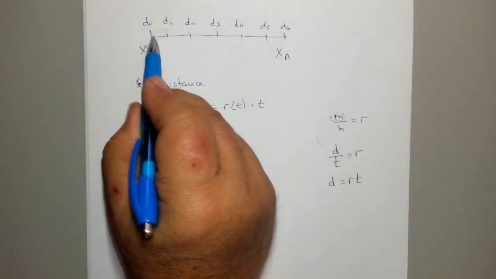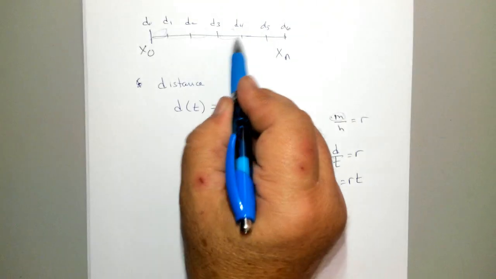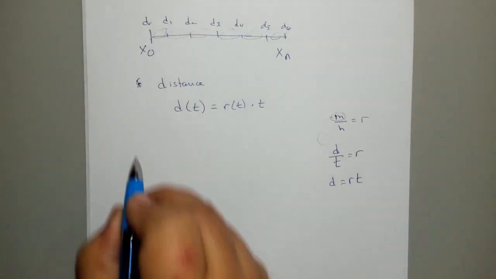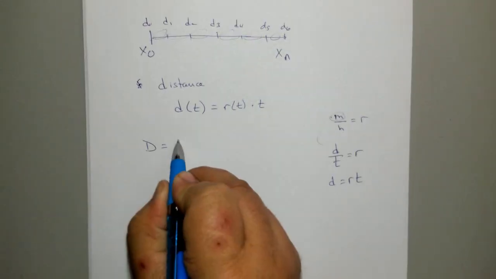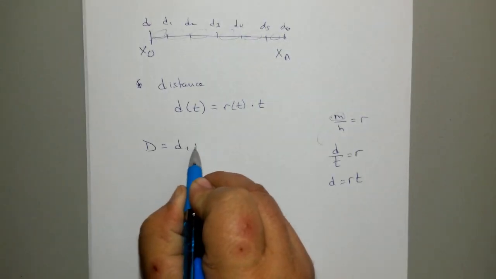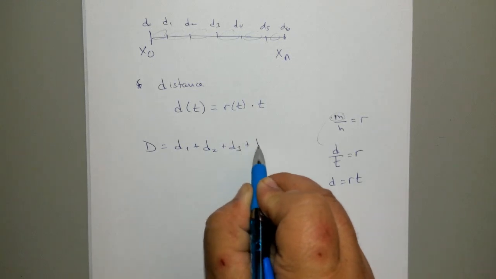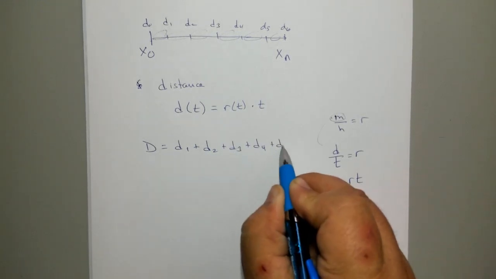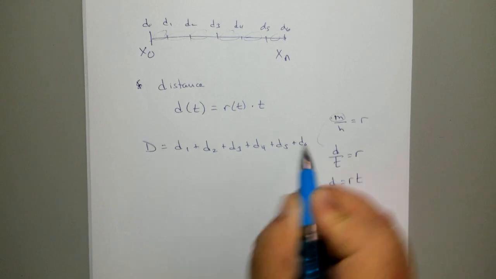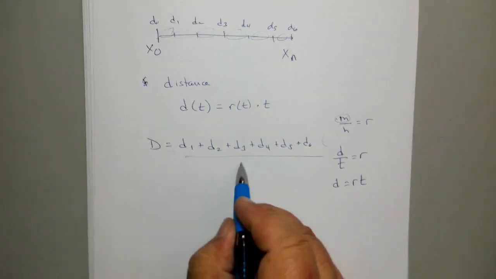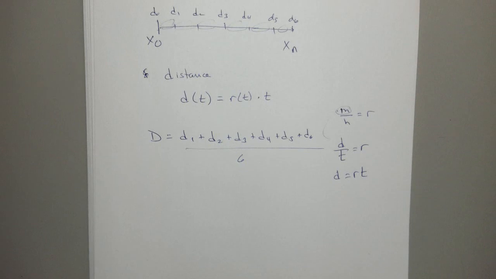You have to find each one of those, add them together, and divide by how many you have. That would tell you the average rate of speed that you've been traveling from point A to point B.